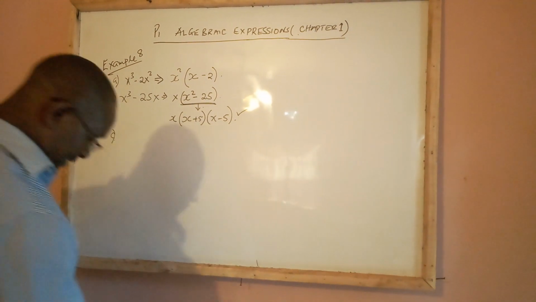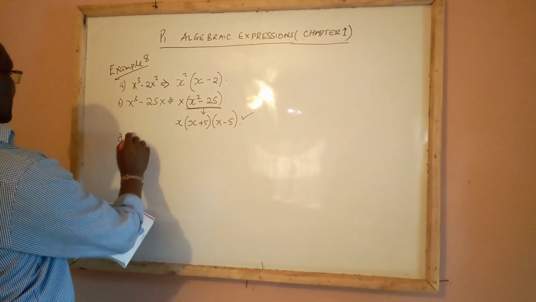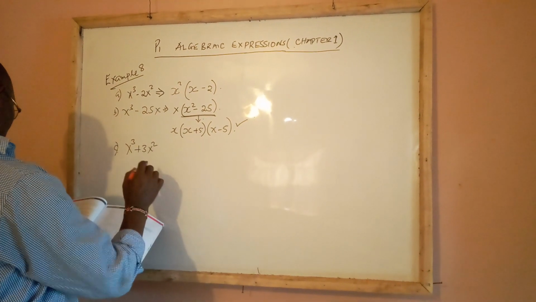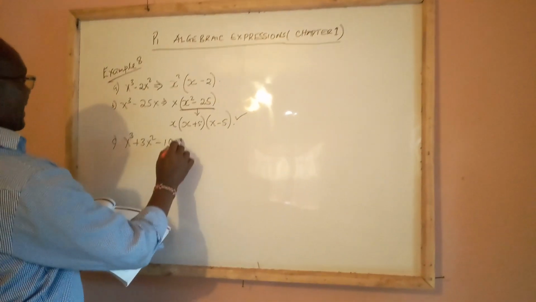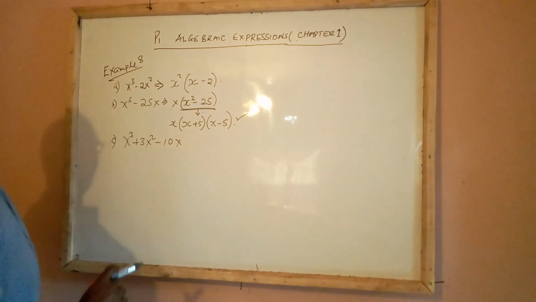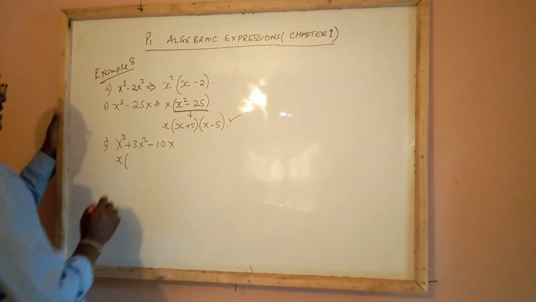Look at part C. Let's look at part C. We have x cubed plus 3x squared minus 10x. Clearly, we have no whole number which is common. We only have x which is common. So x outside.